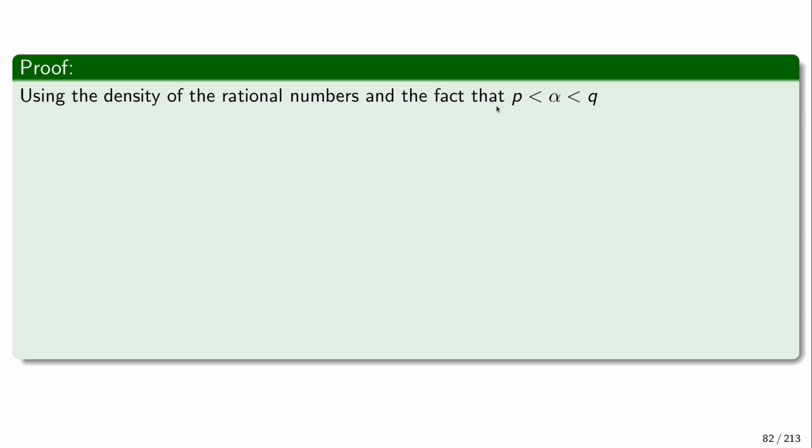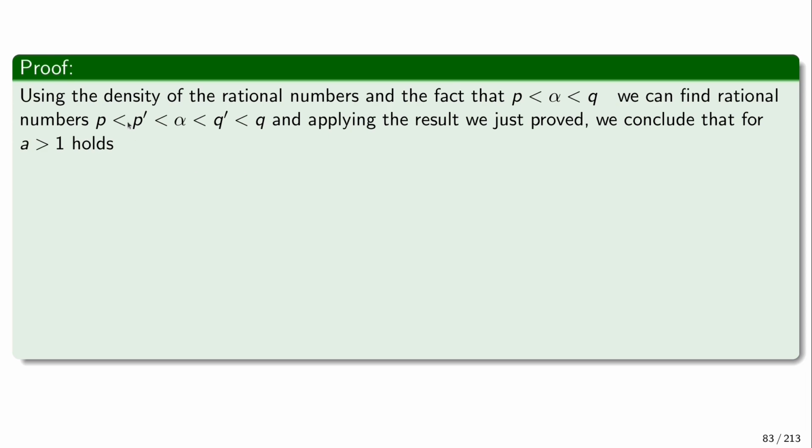So now since this inequality is strict, we can just choose other rationals, p prime and q prime, in between, separating alpha and p and alpha and q, and then we can apply the same result that was proved. So, okay, if p is rational and p prime is a rational that is bigger than that, then it's going to be bigger than this.